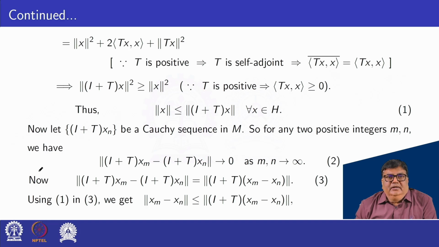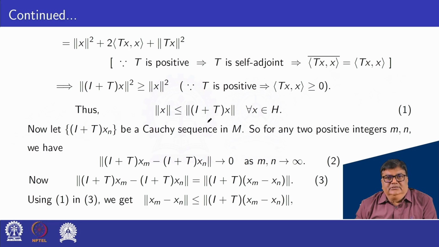Okay. So now norm of (I plus T)xm minus (I plus T)xn equals norm (I plus T)(xm minus xn), which we can write as per the property of linearity. So using 1 and 3, it can be written as norm of xm minus xn less or equal to norm (I plus T)(xm minus xn).